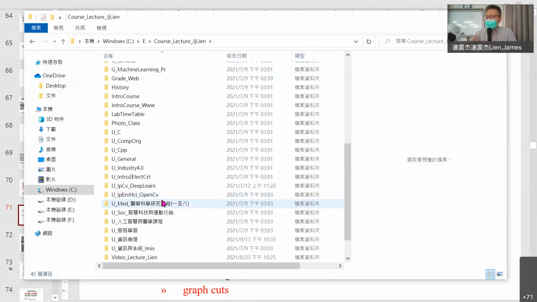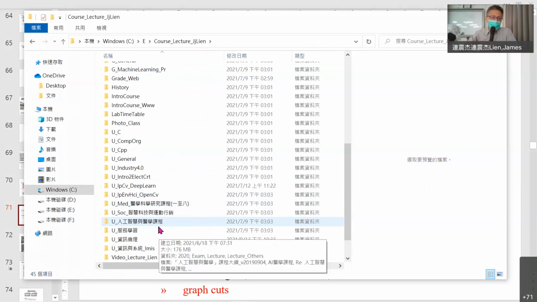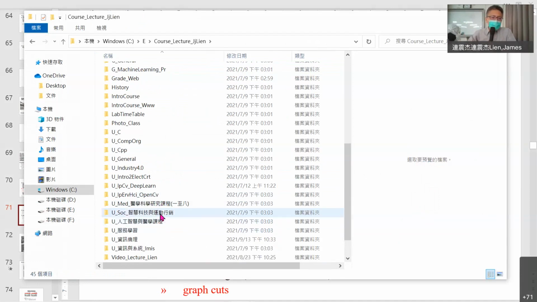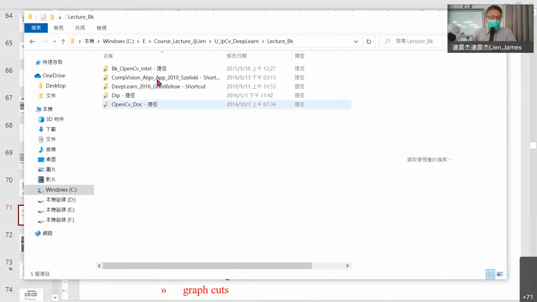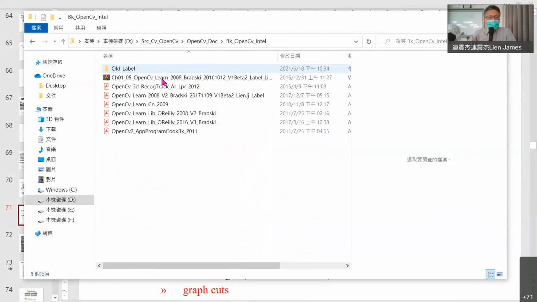In this class I did not teach you OpenCV, but in the undergraduate class I teach OpenCV, including this one. For the homework, for each question we already give you the page number of OpenCV. So you just check those pages and you'll find the answer or even the example.